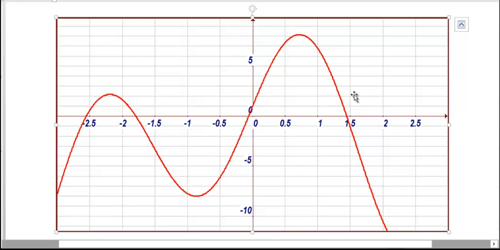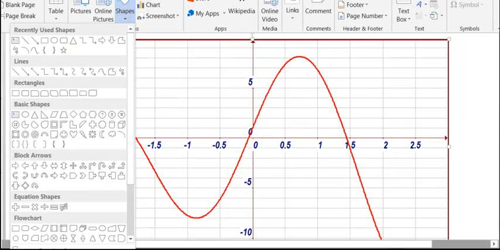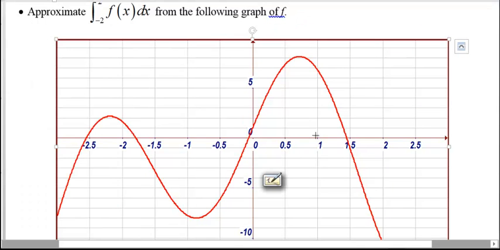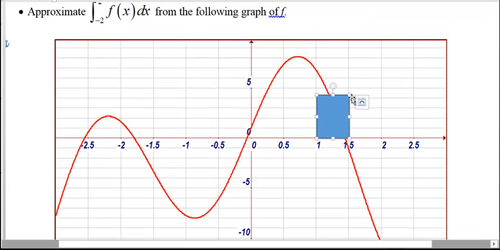Okay, and let me see if I can illustrate this a little bit. Let me insert a rectangle, and let's say, okay, so here's a rectangle, let's say on this one piece. Let me make that where you can see through it a little bit.